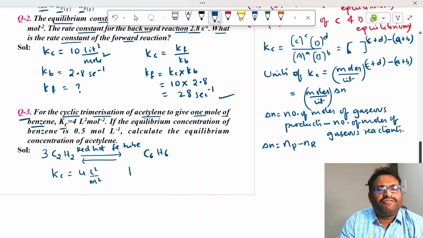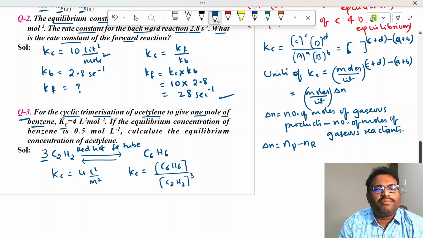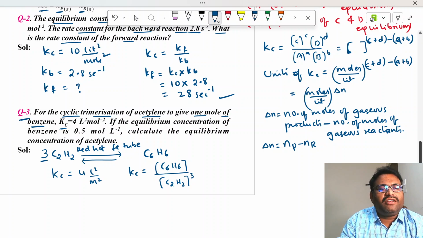For this reaction, if you write Kc, then what you write? Concentration of C6H6 by concentration of C2H2 power 3, because 3 is there in the stoichiometric equation. Okay. So then what is asked? Calculate the equilibrium concentration of acetylene.